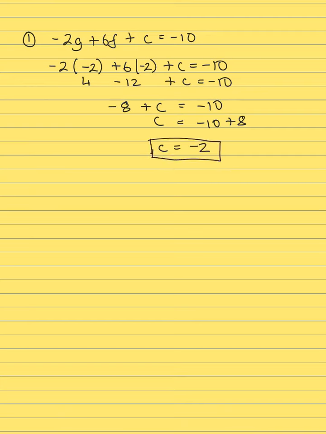Now returning to the equation of the circle. The equation of the circle is x² + y² + 2gx + 2fy + c = 0, and we can just plug in the values that we have.